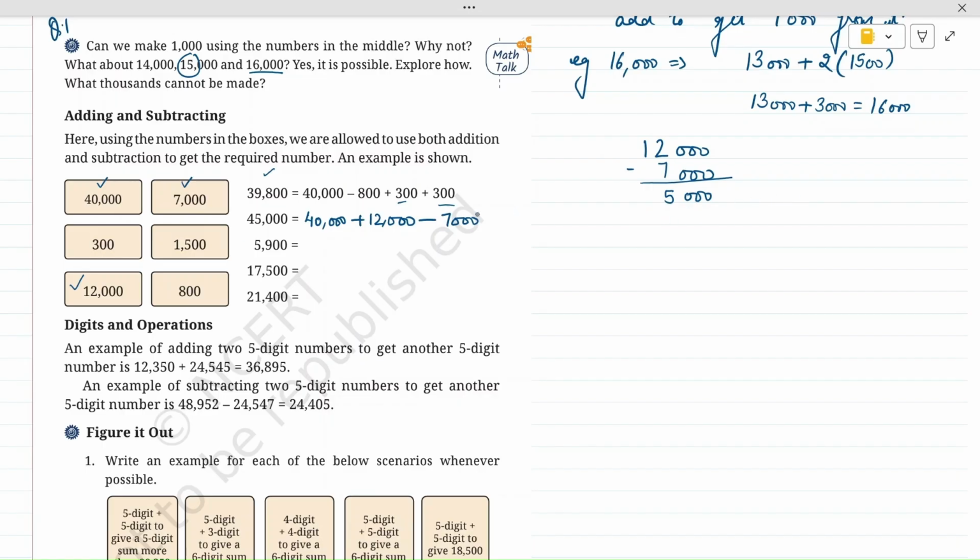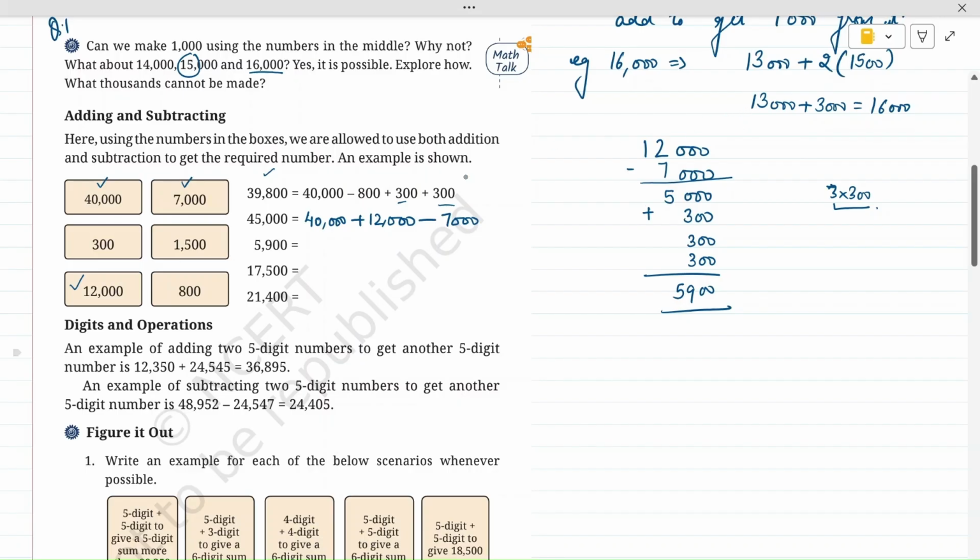We will take this 300 thrice. Okay. So we will add 300 plus 300 plus 300, or you can also write it as 3 times 300. So this will give me 5900. Okay.